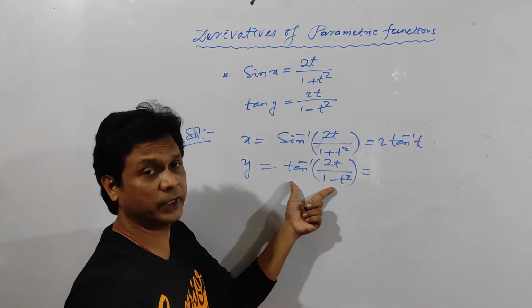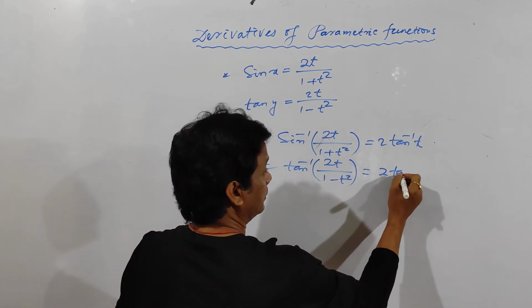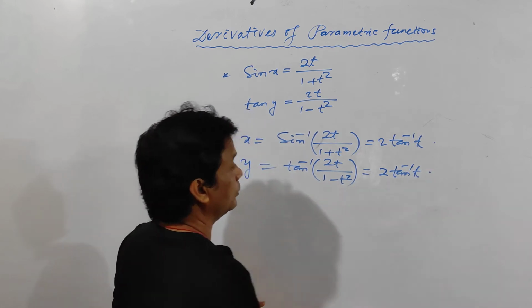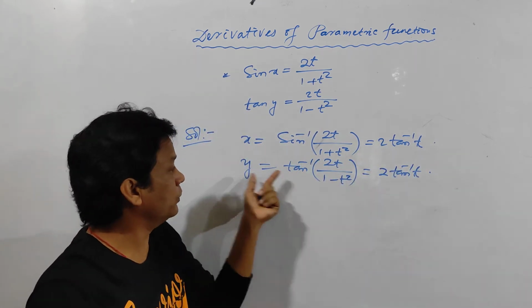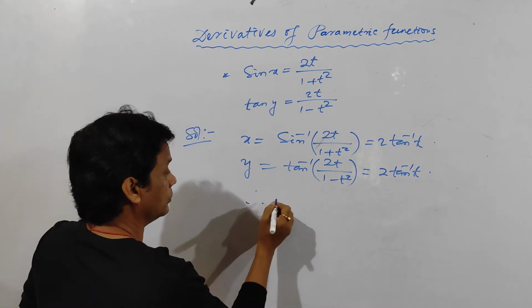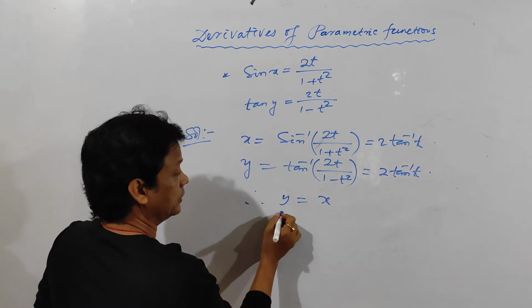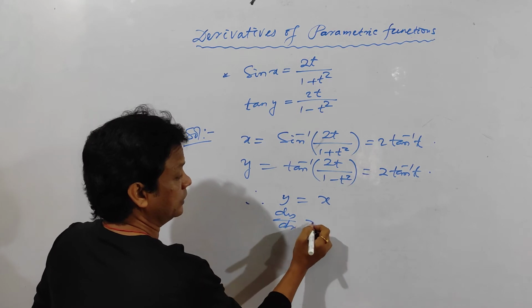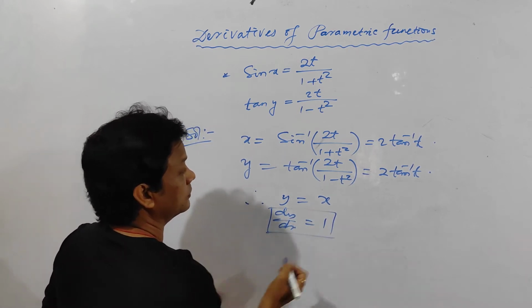And what is the formula of this one? It is also 2 tan inverse t. So x is equal to tan inverse t, y is equal to tan inverse t. That means x is equal to y. So y is equal to x. That means dy by dx is equal to 1. So this is the answer.